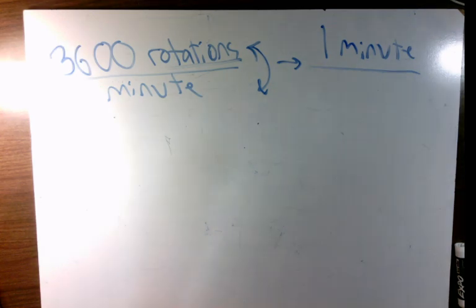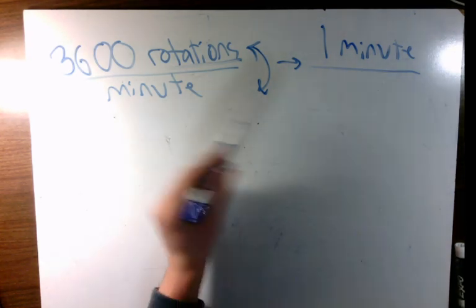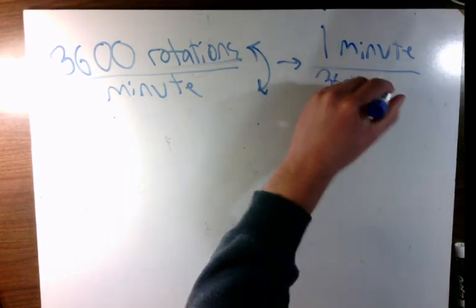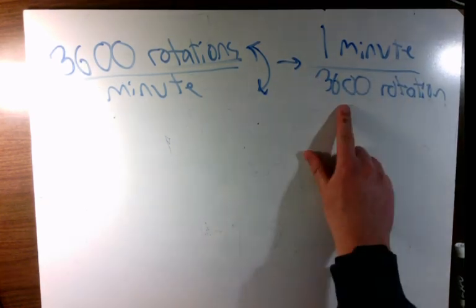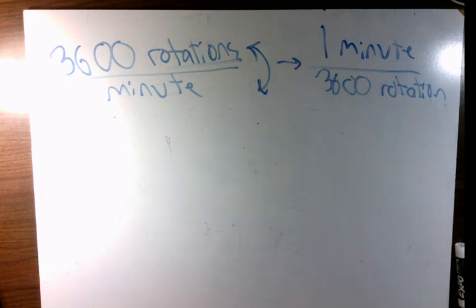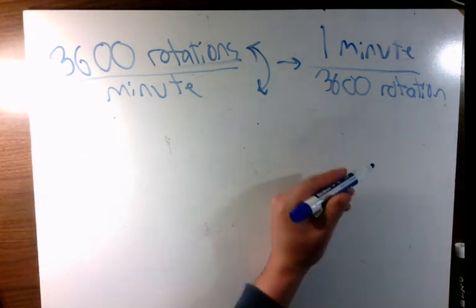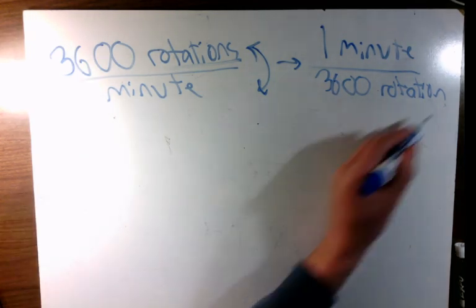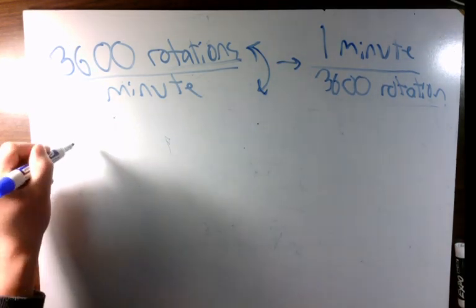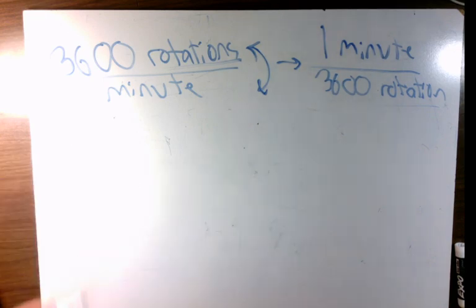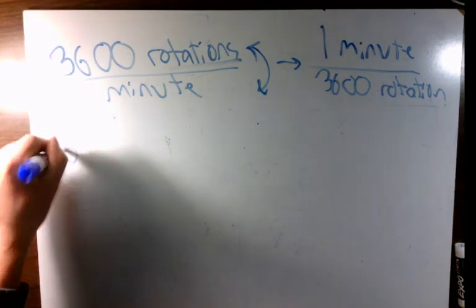In 1 minute, we will have done 3,600 rotations, or 3,600 rotations per minute, right? We've just rewritten it, but now we can actually get the time it takes per rotation. So if we have 1 minute, we know we have 60 seconds.